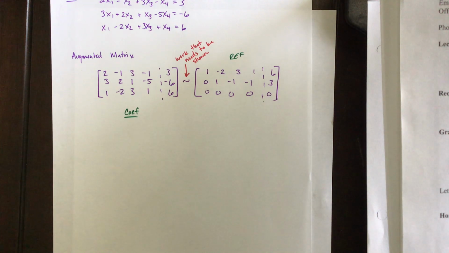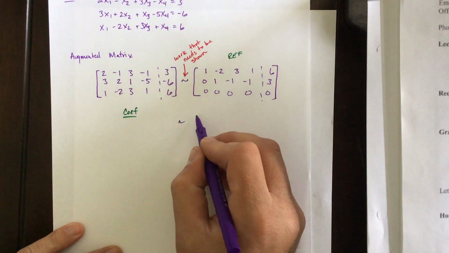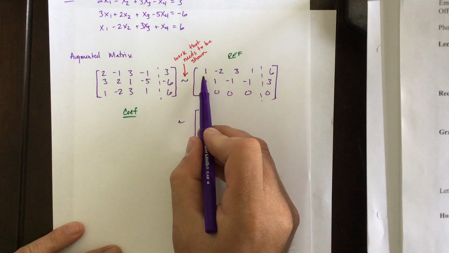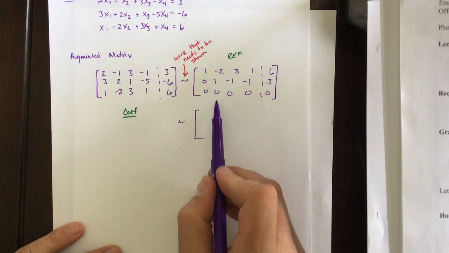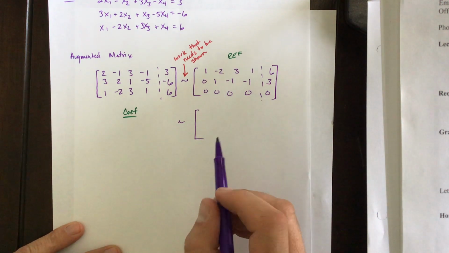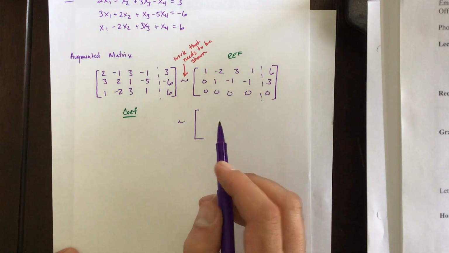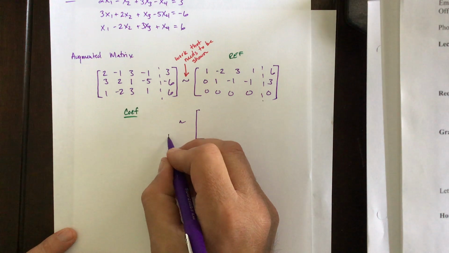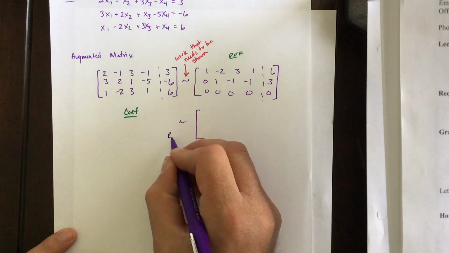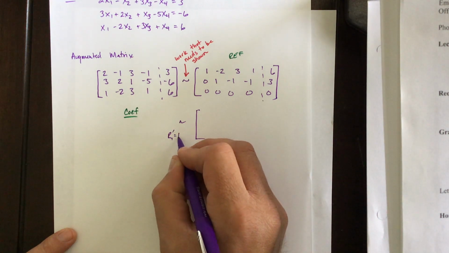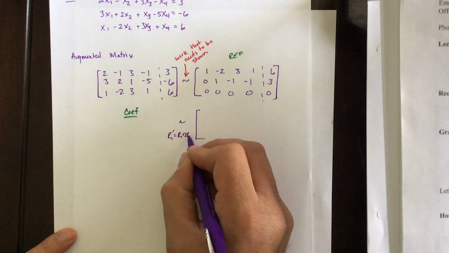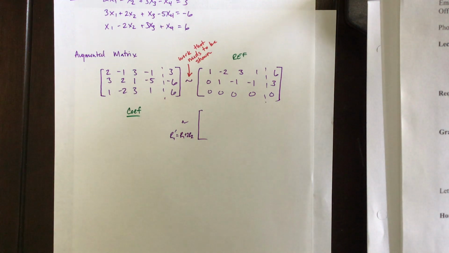How should we do that? Here are my pivots, 1 and 1. There's a 0 below, but not above. So let's multiply the second row by 2. Our new R1 prime is going to be our old R1 plus 2 times R2.